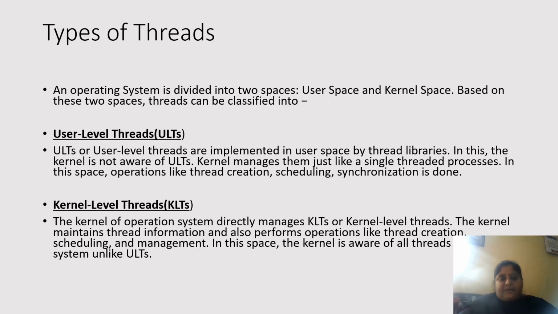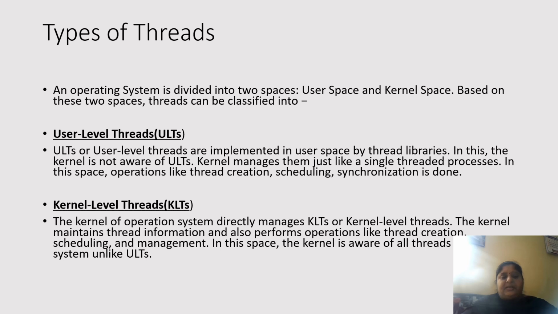Next, the types of threads. Already we said single thread, multi-thread, like that. In the operating system, it is divided into two spaces, user space and kernel space. Based on these two spaces, threads can be classified into user level threads and kernel level threads. User level threads are implemented in user space by thread libraries.